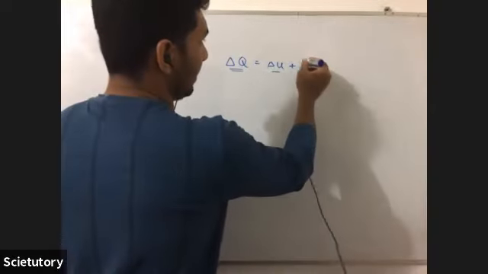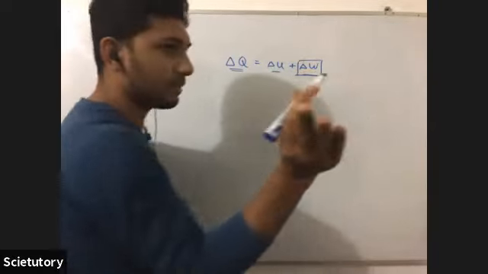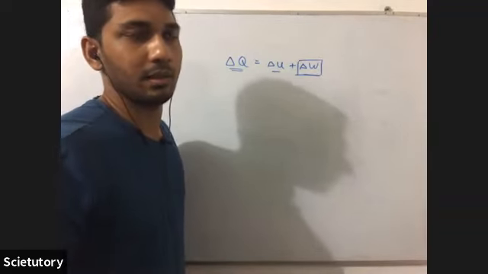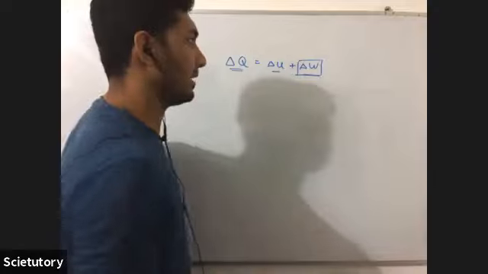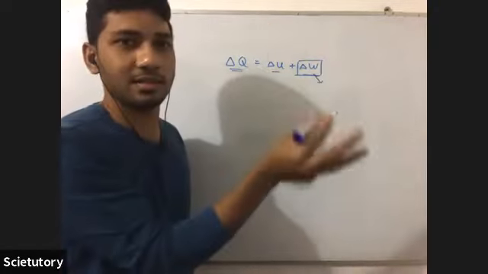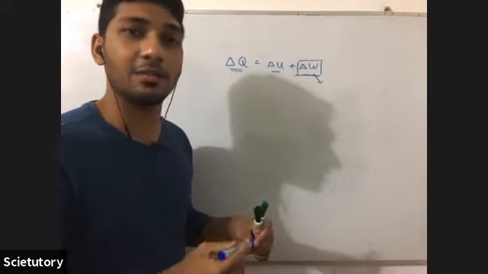What is delta W? The work done by the gas or on the gas. If it is done by the gas, it is plus. If it is on the gas, it is minus.